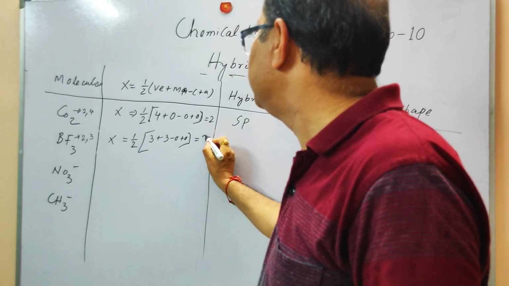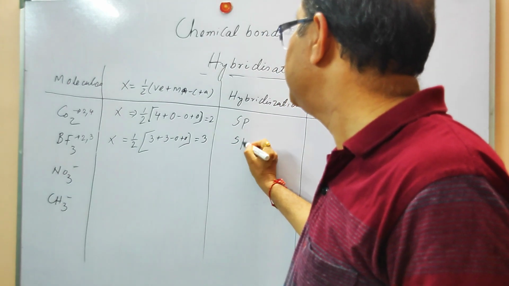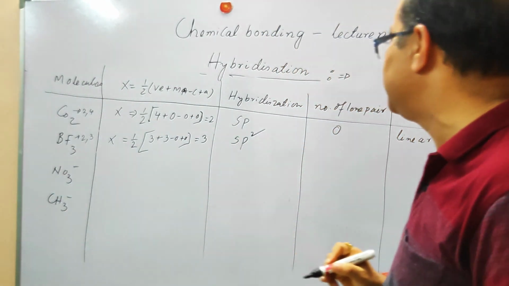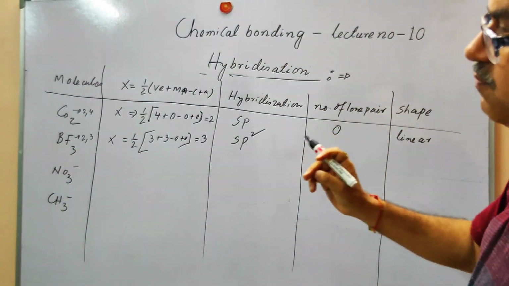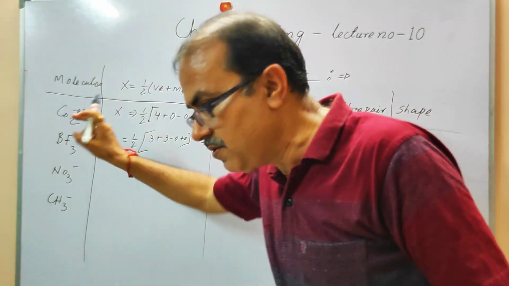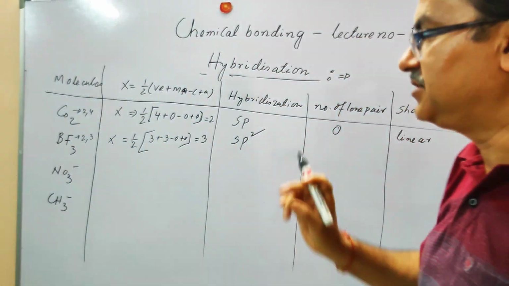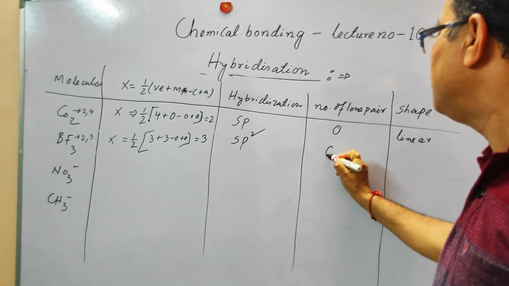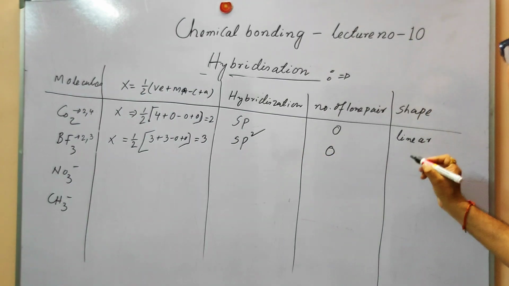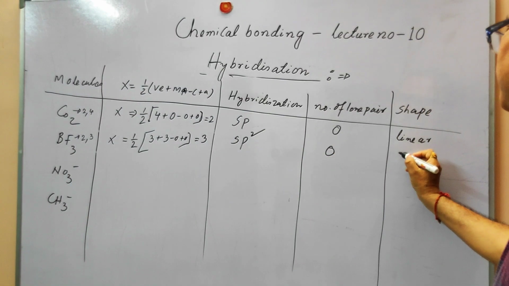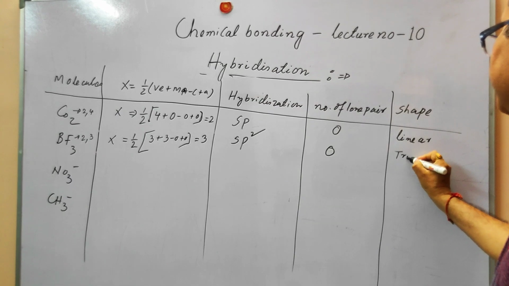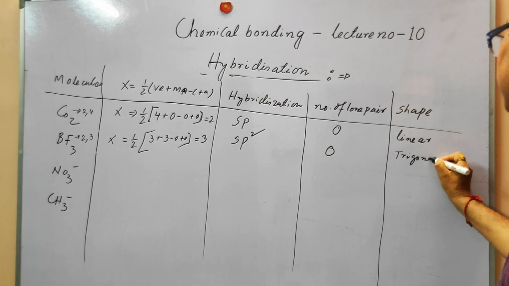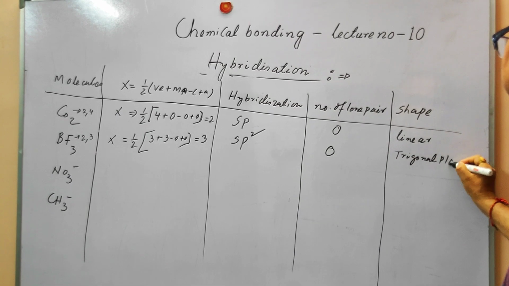So X is 3. Here the hybridization will be sp2, and the number of atoms joined to the central atom is 3. The hybrid orbitals are also 3, so it has no lone pair, 0, and its shape will be trigonal planar.